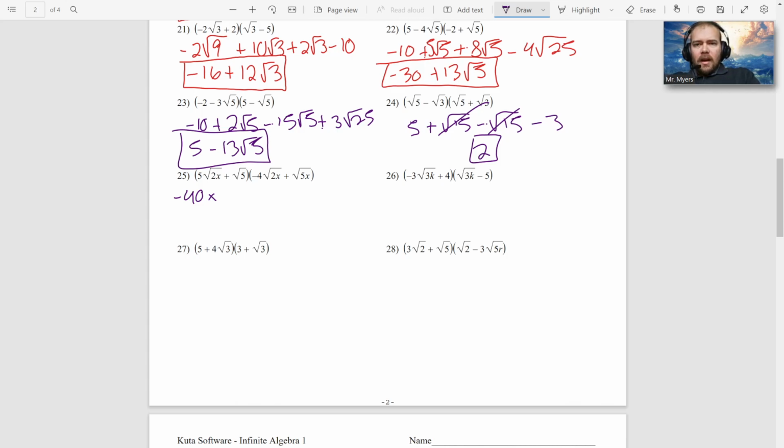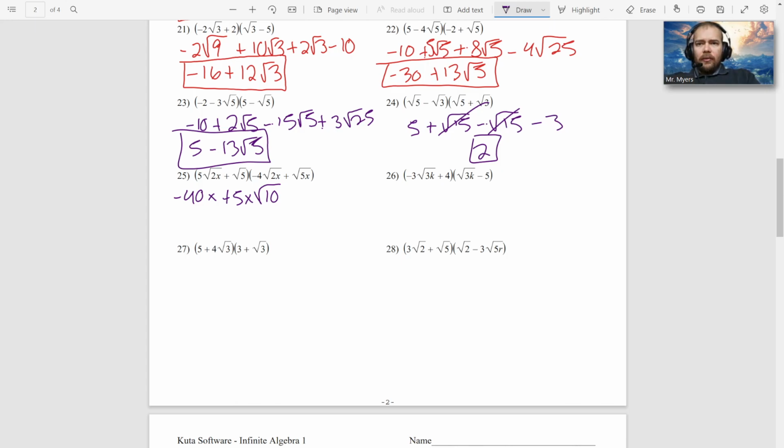So that's going to be plus 5x, because there's two x's being multiplied, and then there's a 2 and a 5 inside the radicals that get multiplied as well. Okay, inner.